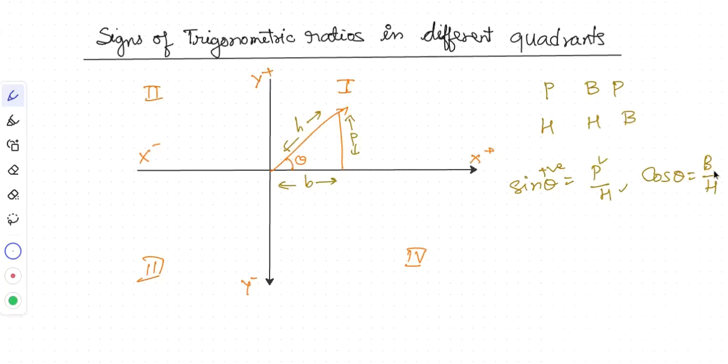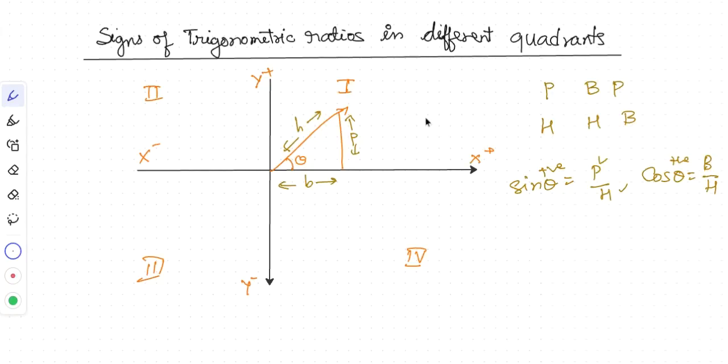And we know that base and hypotenuse both are positive, so cos theta will be positive. Similarly, the rest of the trigonometric ratios in the first quadrant are positive because base, perpendicular and hypotenuse, all three are positive in the first quadrant. Hope this is clear to you.